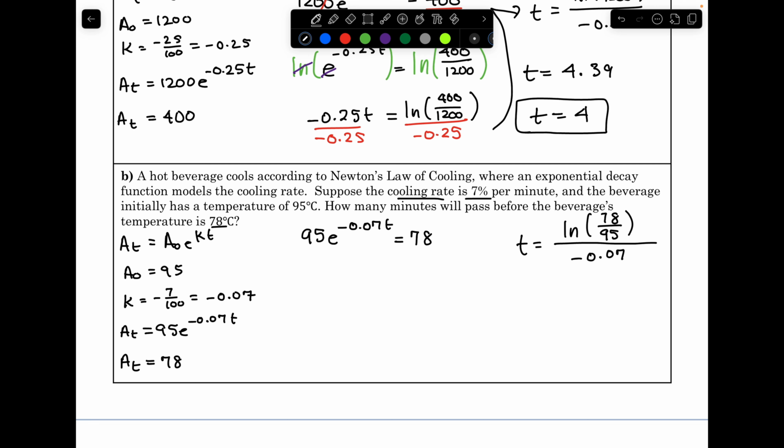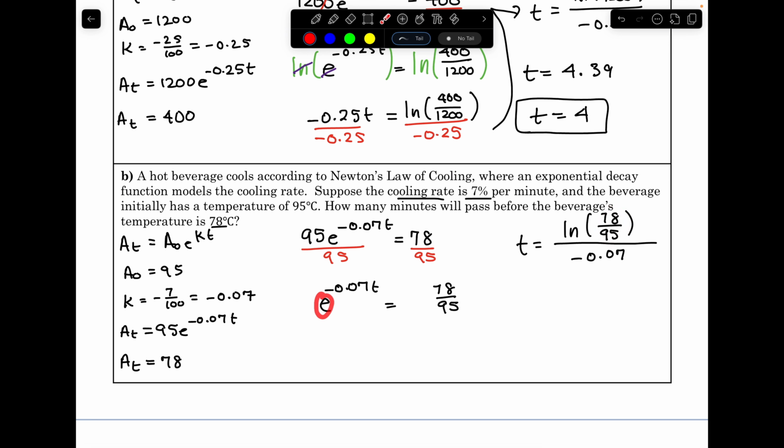Okay, so let's see if I'm right about this. So I'm going to go through again the procedure now through the steps. The first step is to divide both sides by 95. And we end up with e to the negative 0.07t equals that ratio of 78 over 95. You see, that's there right there.